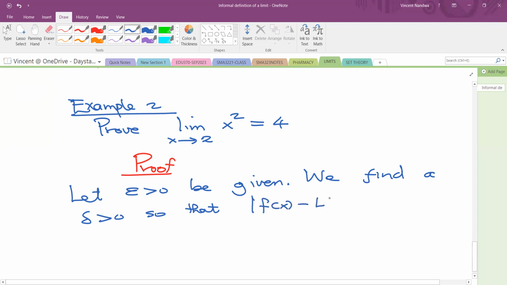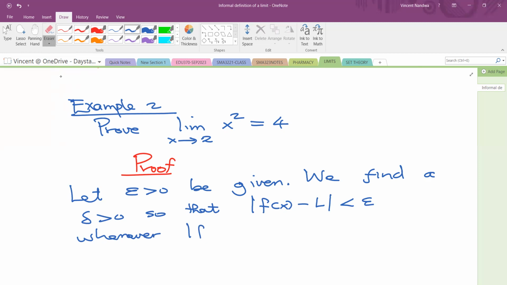the absolute value of f of x minus L is less than epsilon whenever the absolute value of x minus a is less than delta.